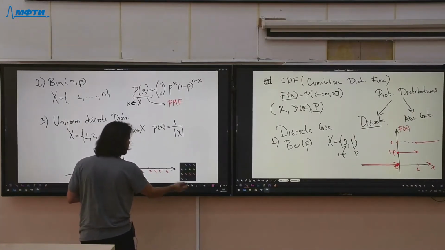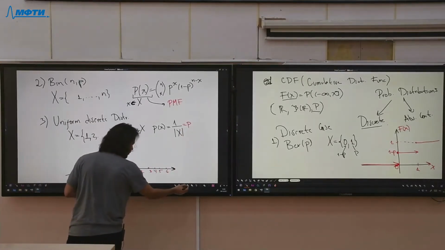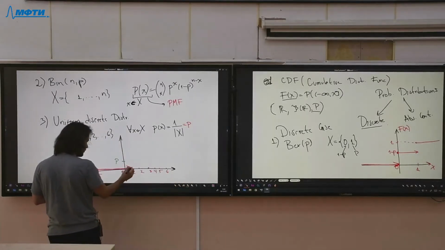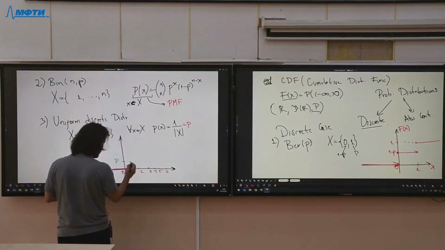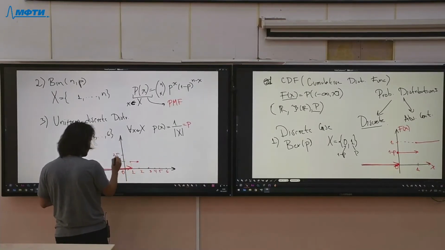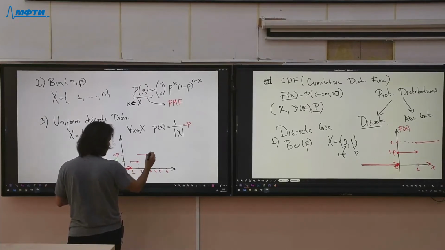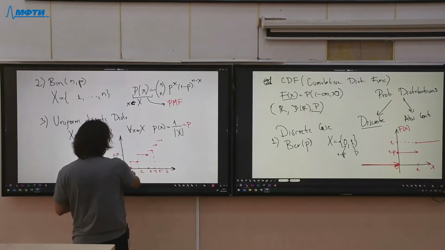Right, so like this. And then here, we can say that this is just P, right? And then we can go up, or here we have P. And then again like that. And then again P. So here we have 2P. And like that, right? This is for 4, for 5, and 1, 2, 3.